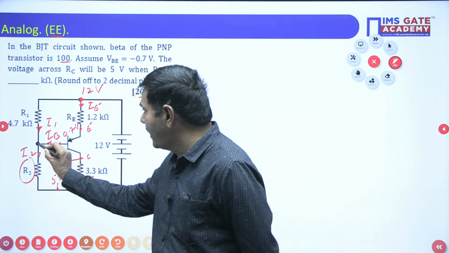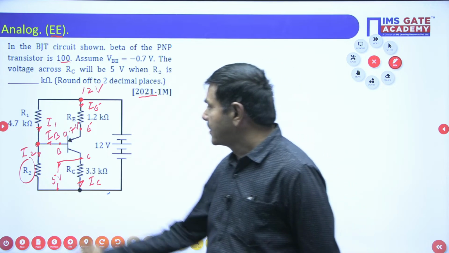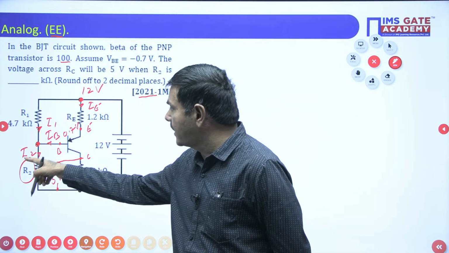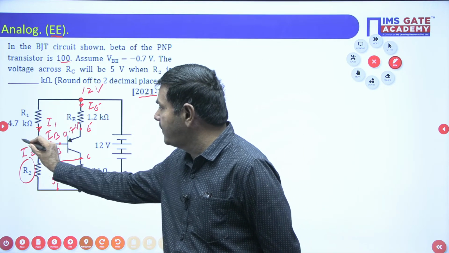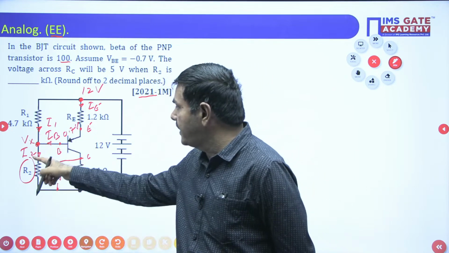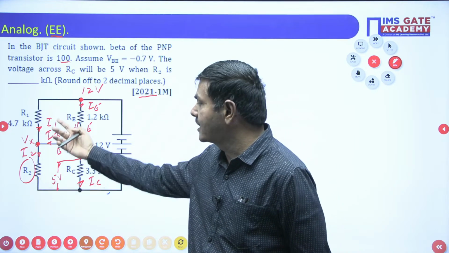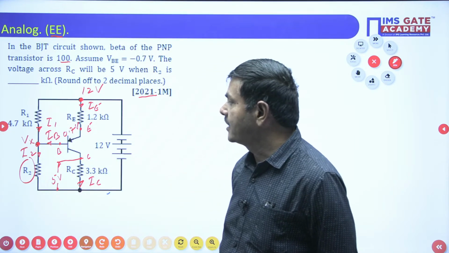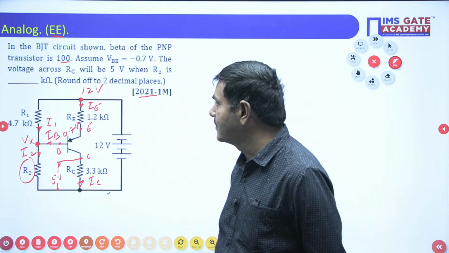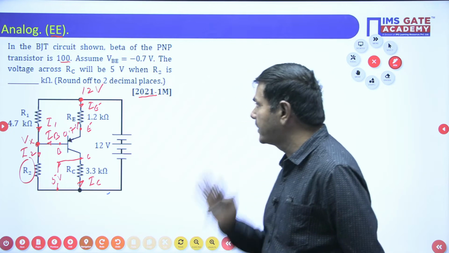I2 is required, and this node voltage is also very important. Resistance equals voltage by current. If I know this node voltage Vx, then Vx by I2 is the R2 value, voltage by current. But how to get these values? One by one I will determine them. Easily you can understand.